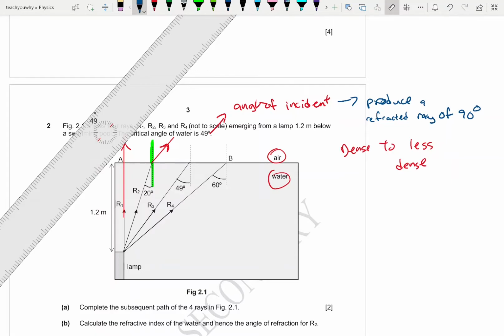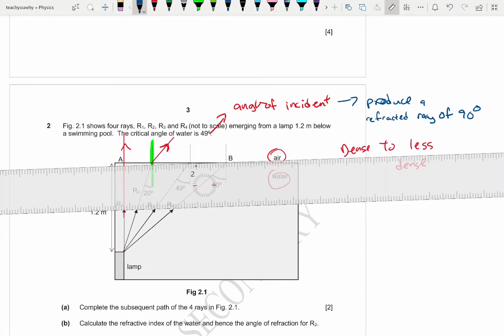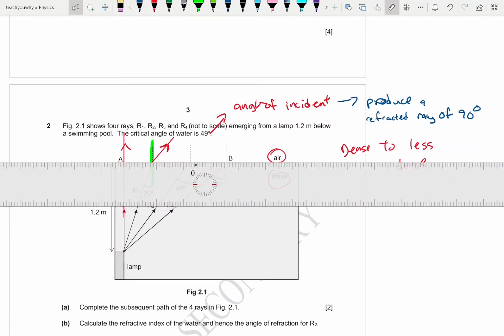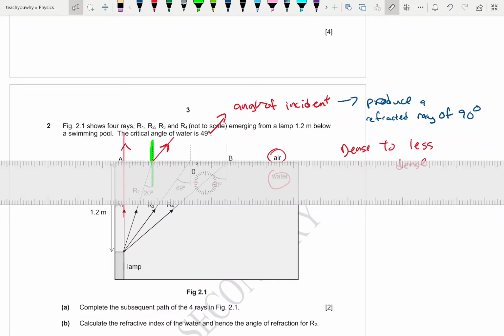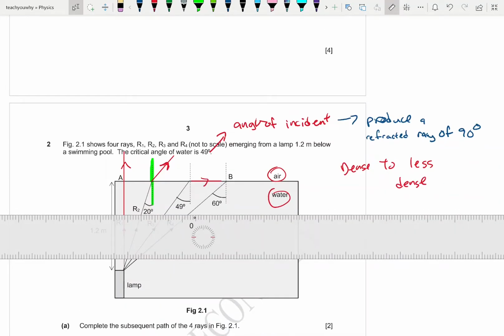That means the angle of refraction will be 90 degrees. So in this case, let me draw this. Very clear cut, our answer is like this. So our angle of refraction will be this. Okay, this is ray number 4.